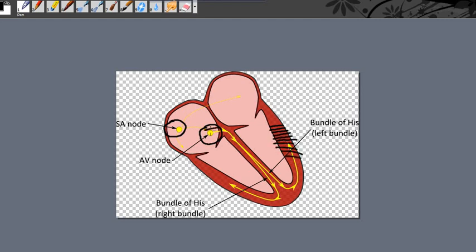So these are the places where the beta 1 receptor is highly concentrated: on the cells of the SA node, on the cells of the AV node, and on the ventricular muscle cell or myocardium of the heart. Other tissues contain beta 1 receptor, but their concentration is less. These are the highly concentrated places of beta 1 receptor: SA node, AV node, and ventricular muscle cell.